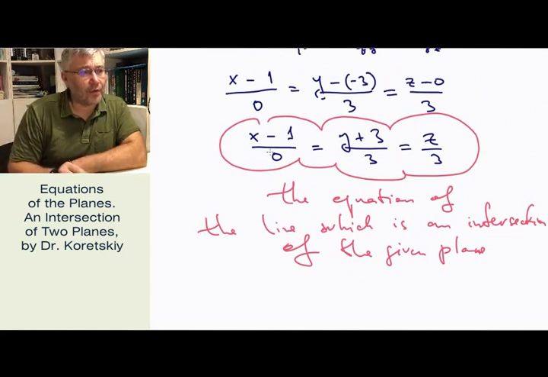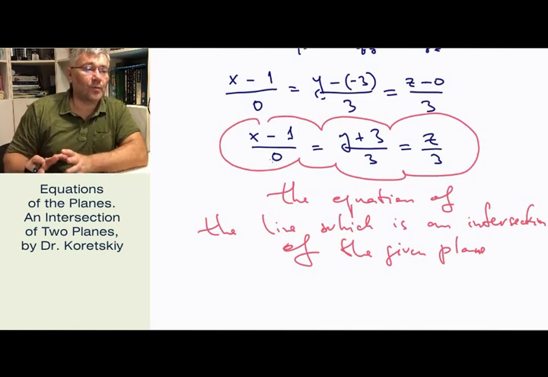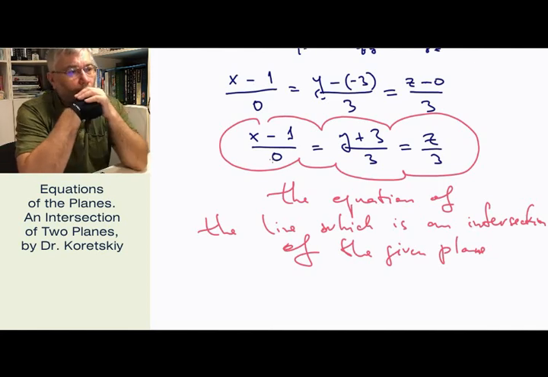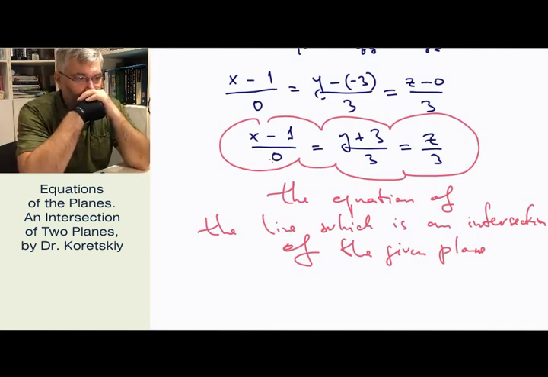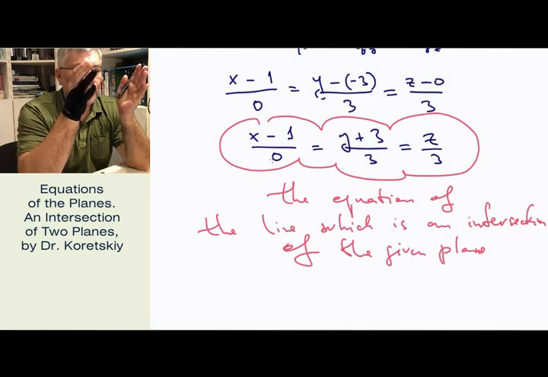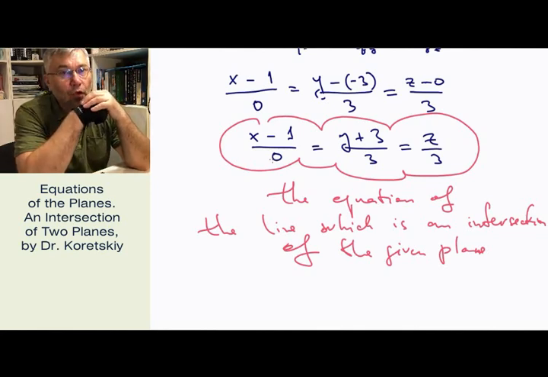I can notice here, I'd like to draw your attention to the fact that we have here a kind of division by 0. It doesn't mean that it is a division. It means that we have a zero component of the vector q. What does it mean, x component 0?